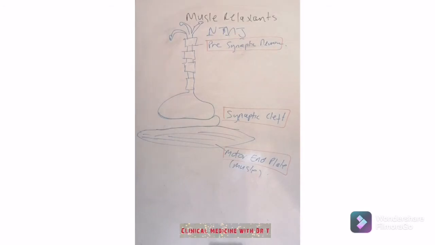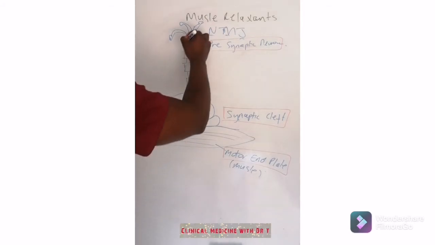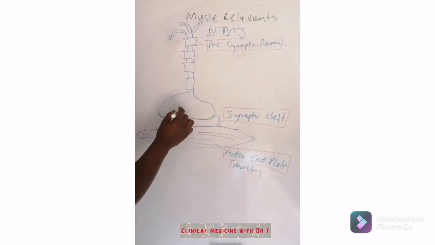They are not in contact. Action potentials will be transmitted down here, and when they get here, the body found a way of making sure that the action potential can still affect the muscle, even though the muscle is not in direct contact with the end bulb.